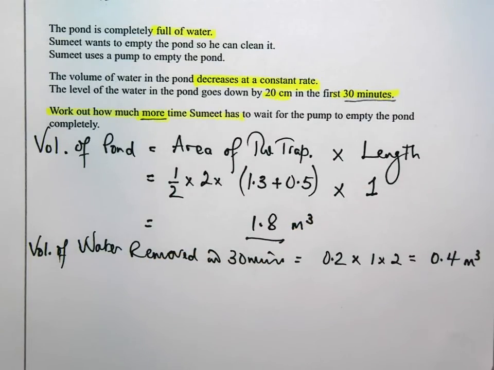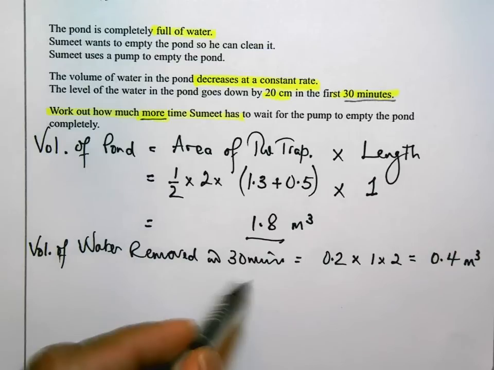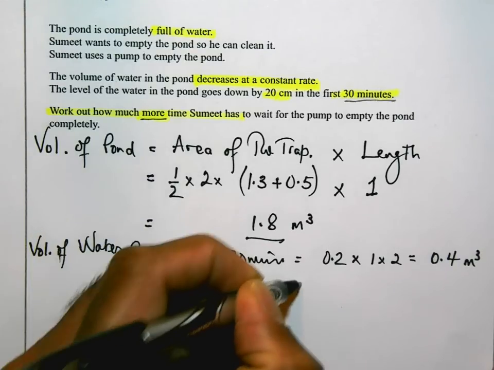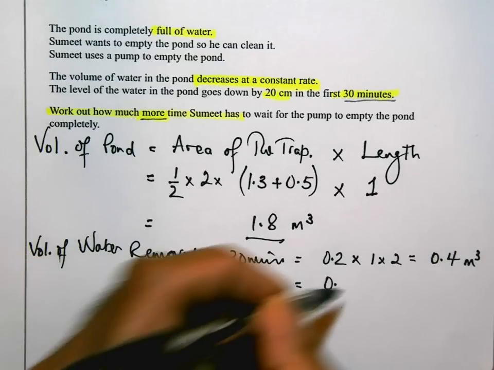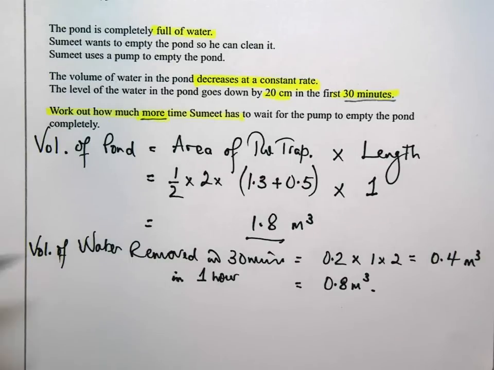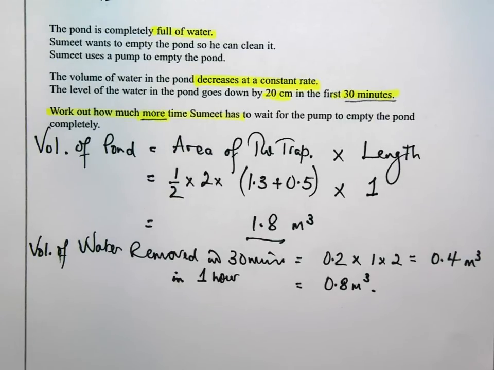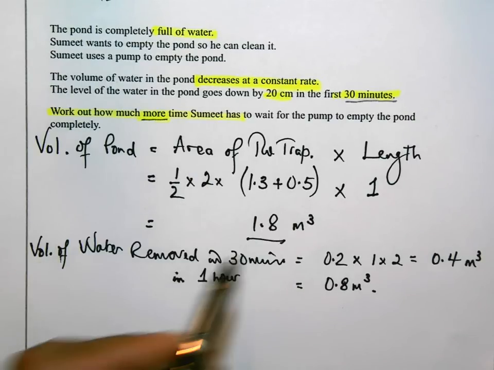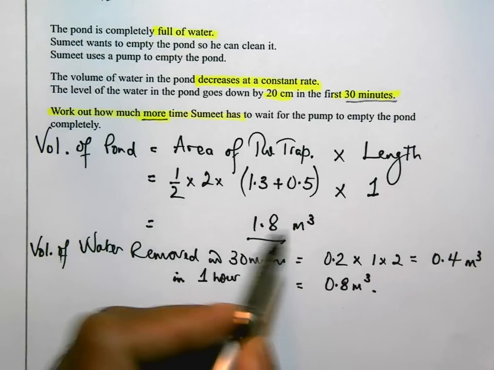So in 1 hour, you're going to remove 0.8 meters cubed. Now the volume of the whole thing is 1.8 meters cubed. So we need to consider how we break this down: how long does it take this pump to remove 1.8 meters cubed if in 1 hour it removes 0.8 meters cubed.